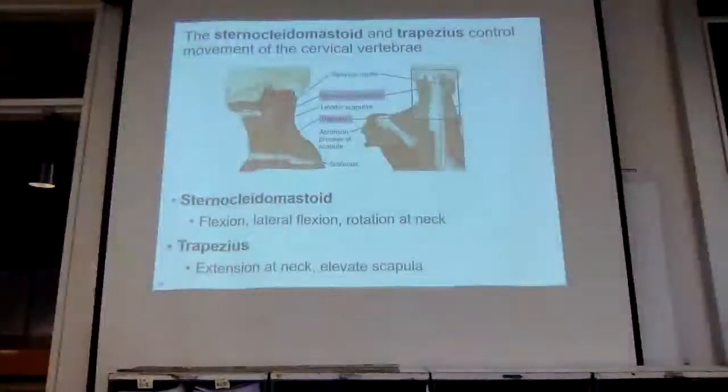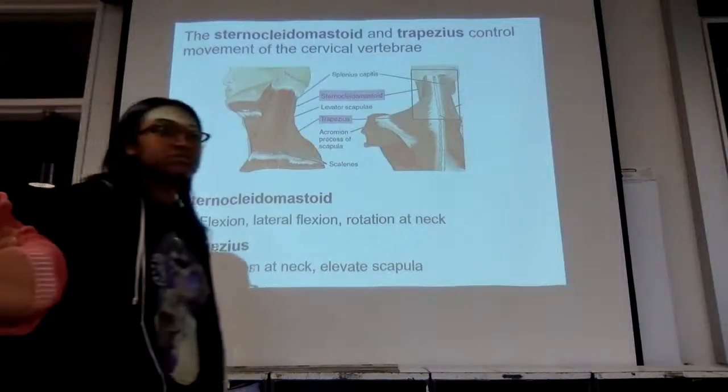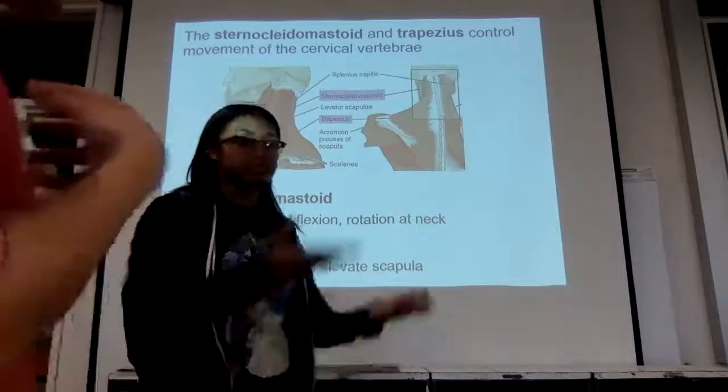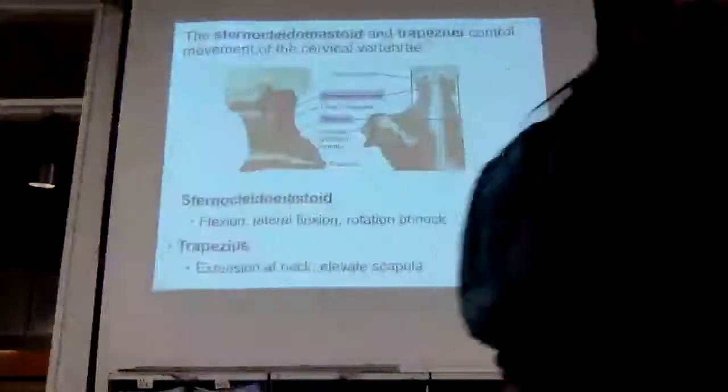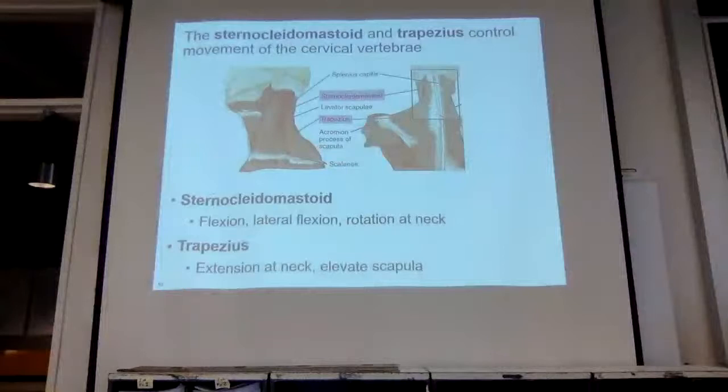Someone stole my eraser. For the body reading, we just went over the body regions in class, just the regions, the abdominal. It's a whole big thing. It's the reading.